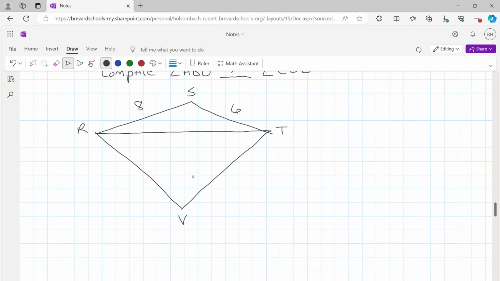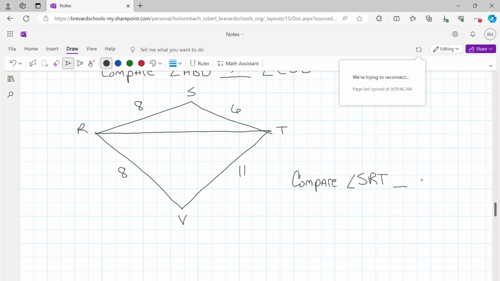R to V is 8. V to T is 11. And we've got to compare angle SRT and angle VRT.